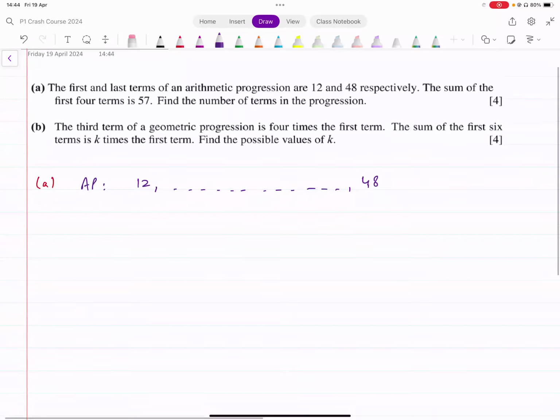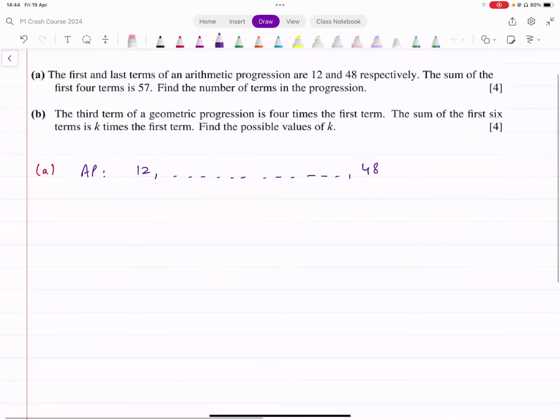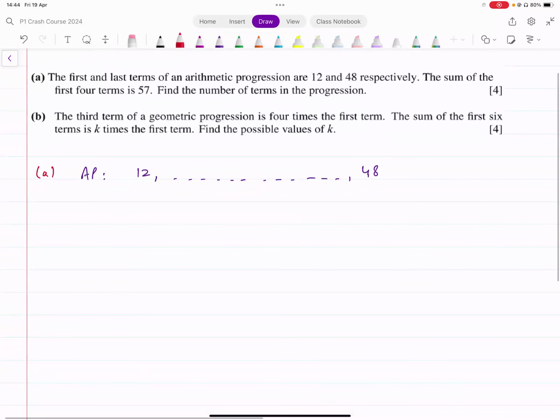We need to find the number of terms in this progression. So what we can say is this is T1, then the next one would be T2, and then T3, and then T4. And then at some point, we have this last term, let's call that Tn. We need to find the value of n, right? Which position does the last term come at?